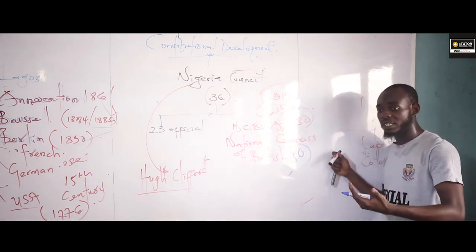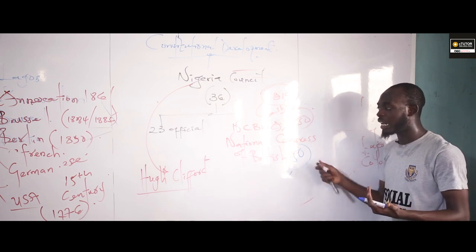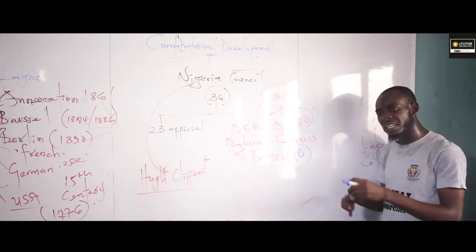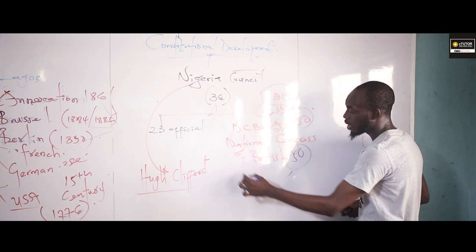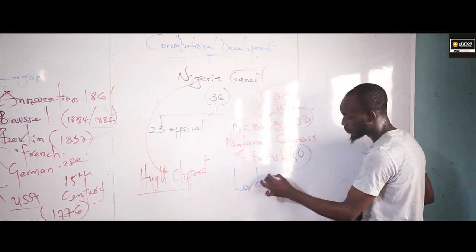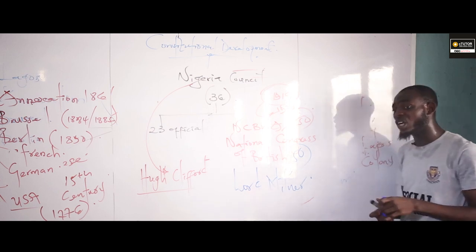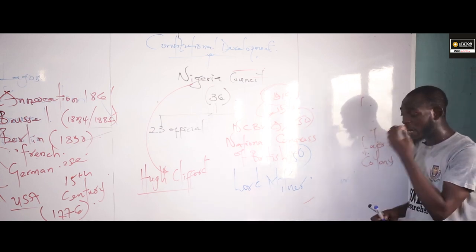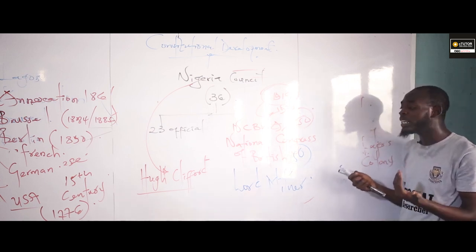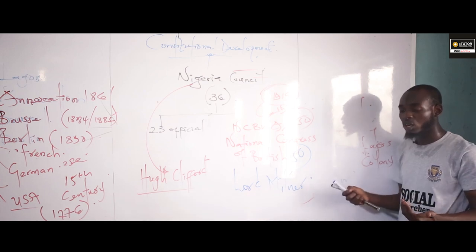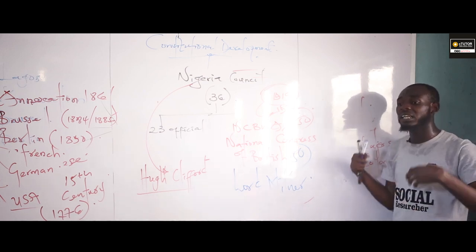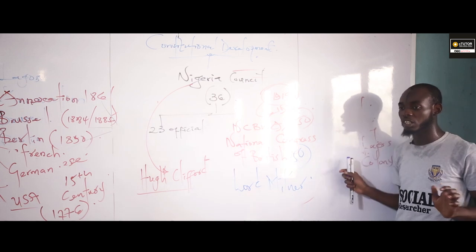So based on that, they decided to visit the British in attaining independence, and they met a man known as Lord Milner. What do I call him? Lord Milner was the one representing the Queen of England. When they went to meet Lord Milner, he disregarded them because they were representing their selfish interest.